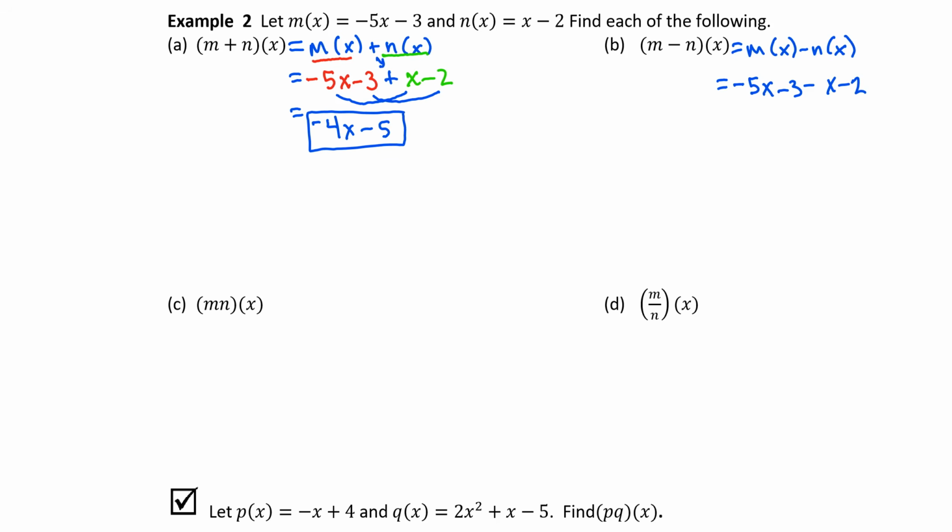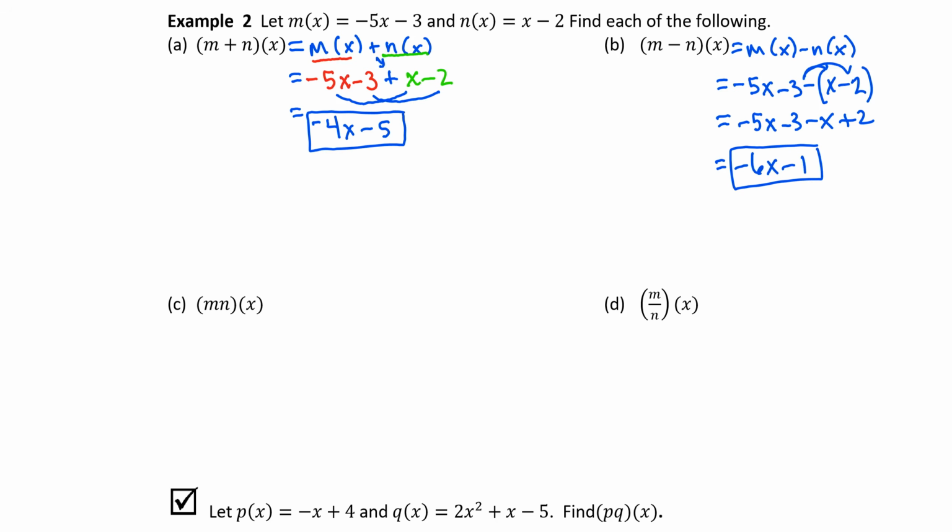However, because I'm subtracting more than one term, we're going to need parentheses around that second function, so that on the next step, we will correctly distribute the negative. Without the parentheses, I would have only subtracted the first term of n of x. With the parentheses, I'm subtracting both terms of n of x. When we combine like terms, we end up with negative 6x minus 1.